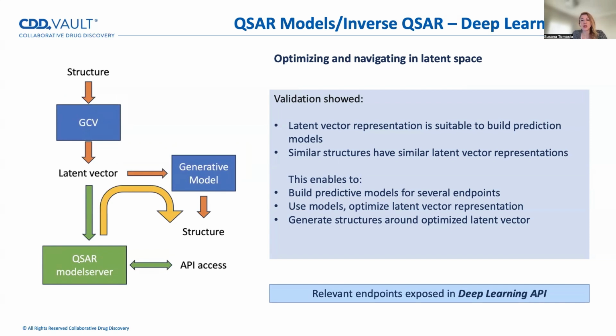And because the generative model is coupled with the numerical representation model, we can create the structure that is represented by this numerical representation. The idea with inverse QSAR is, do I need to change my numerical representation in order to improve the activity or to improve solubility? And this is currently available through the API and is currently also being further explored.